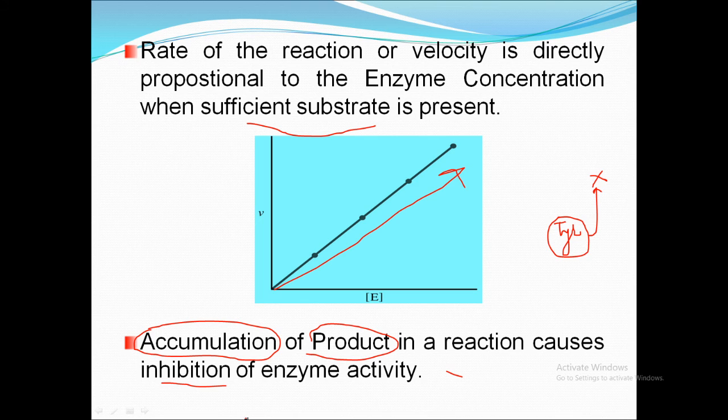Similarly, the increased substrate concentration will enhance the velocity, but in a similar manner, the accumulation of a high amount of product will lead to the inhibition of enzyme activity. So the enzyme activity will be lowered here.